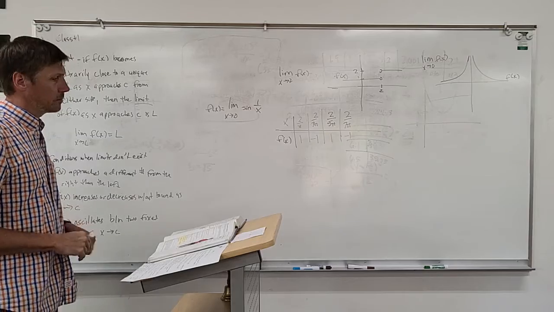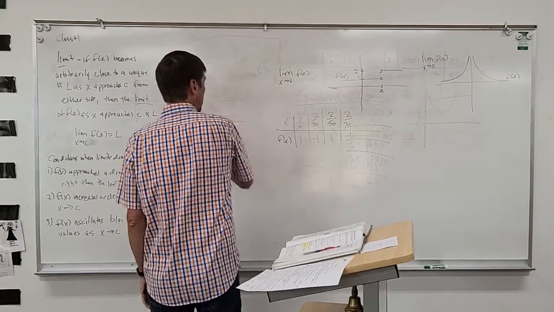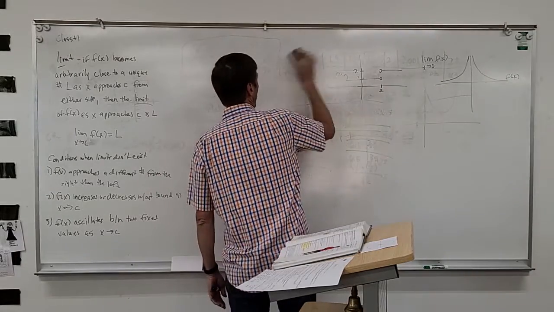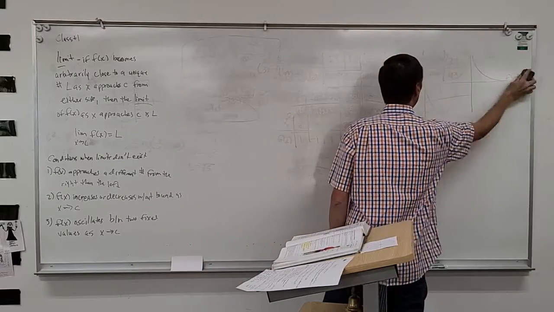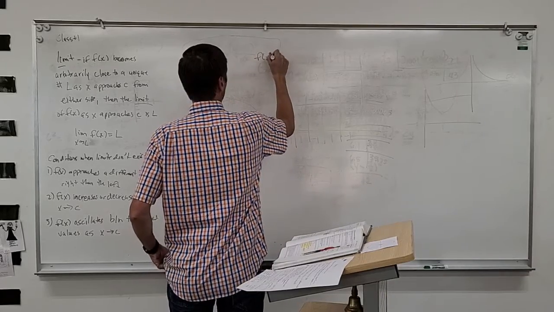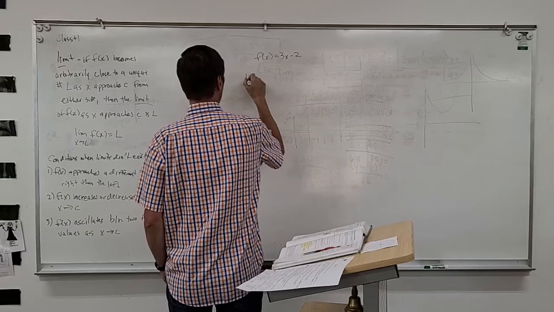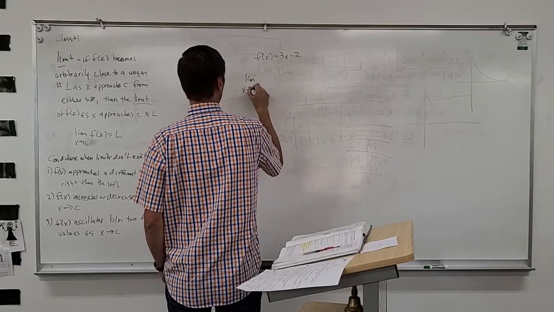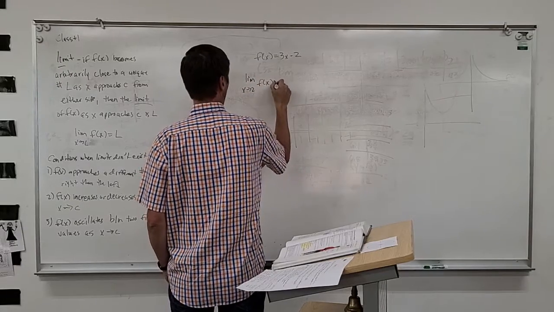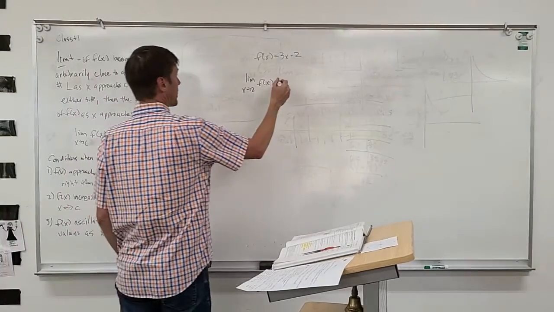All right, so often a limit can be determined by direct substitution. That's what we did in like that second problem, right? We had, what was it, 3x minus 2. f of x equals 3x minus 2. And we said, what's the limit as x approaches 2 of f of x? And all we had to do really was just plug the 2 in and see that 6 minus 2 is 4.